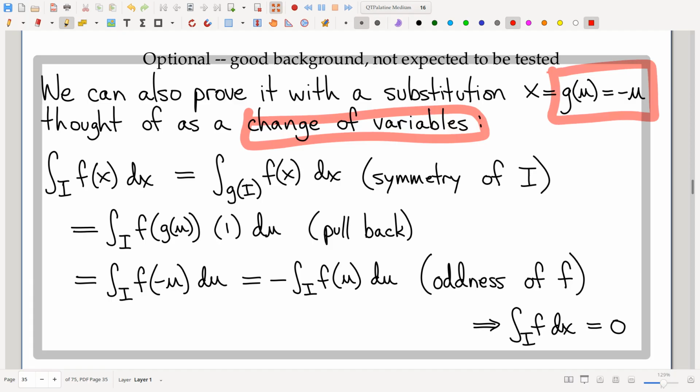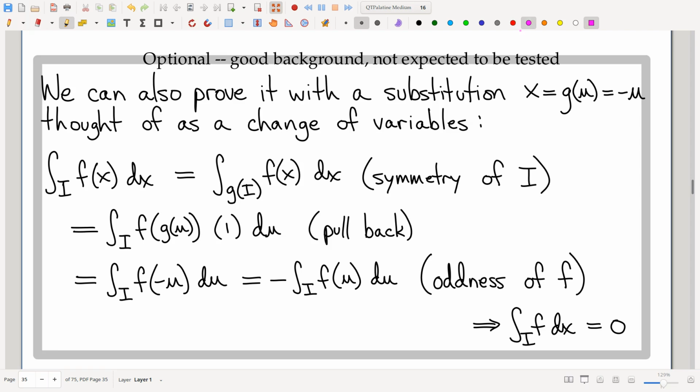Okay. Well, that said, if we want to compute this integral, first, I'll take advantage of the fact that our domain is its own reflection. That's what we mean by a symmetric domain. So nothing happened between these first two integrals.